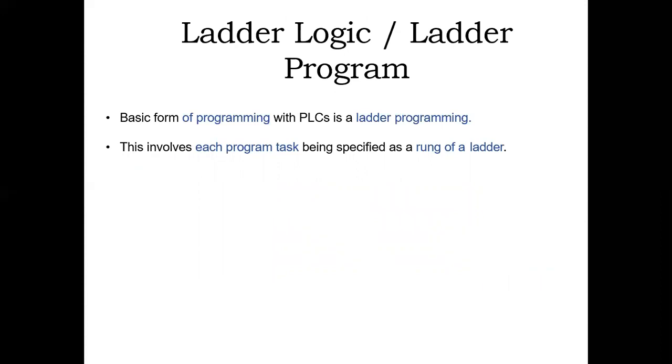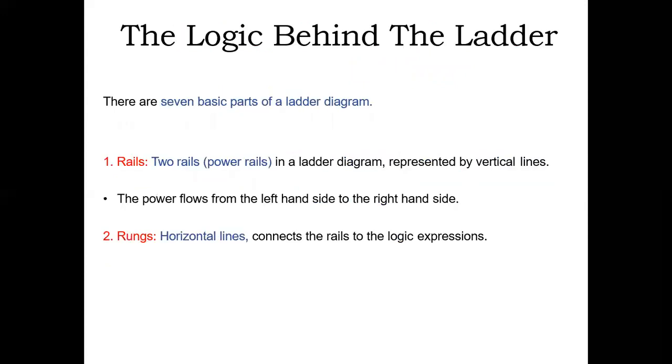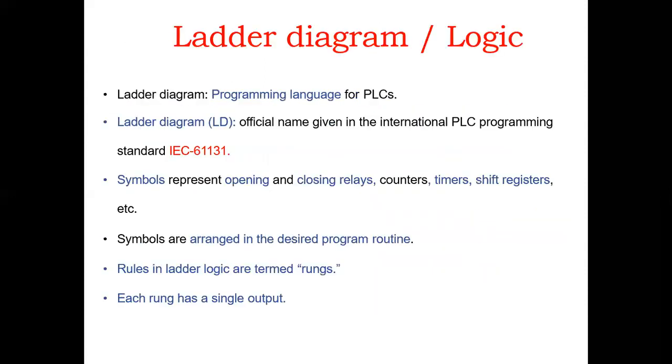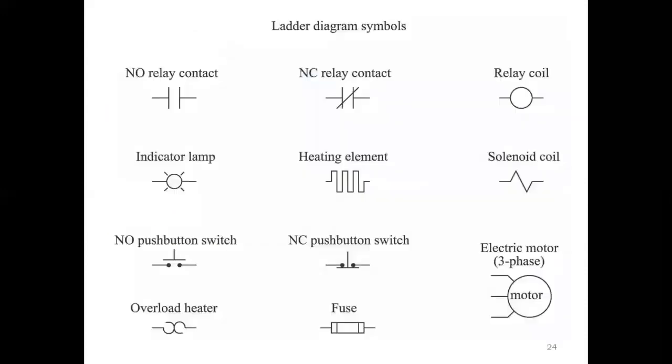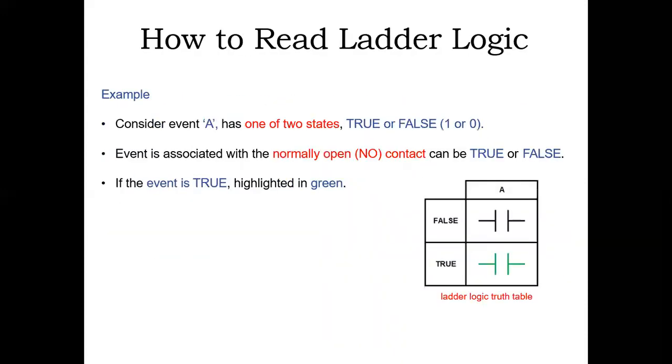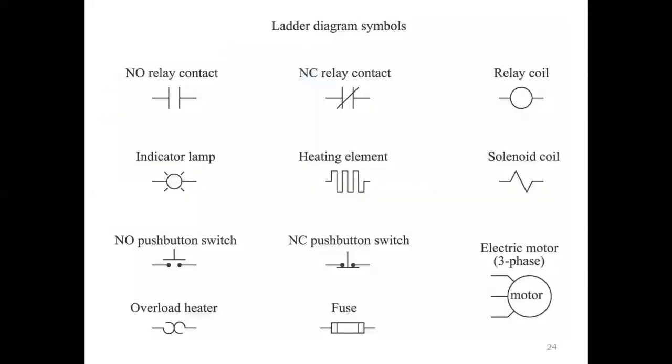This involves each program task being specified as a rung of a ladder. So in a PLC we use a ladder diagram for programming, and it is used to define a program in different logic levels. Those logic levels we will discuss in the next class.